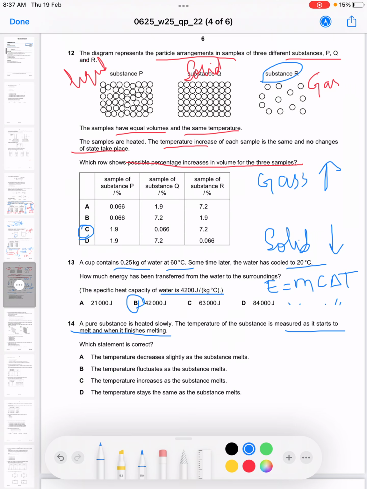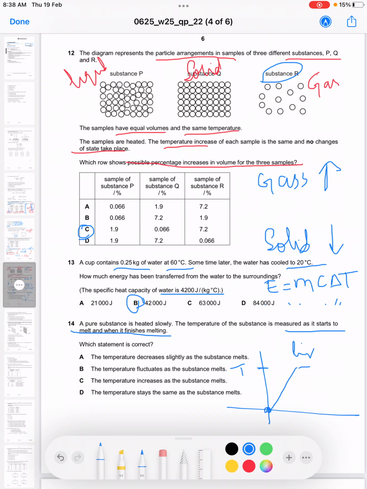Okay, one thing I must tell you: when a state change happens, let's suppose this is the solid state, and at this temperature it will melt to liquid.